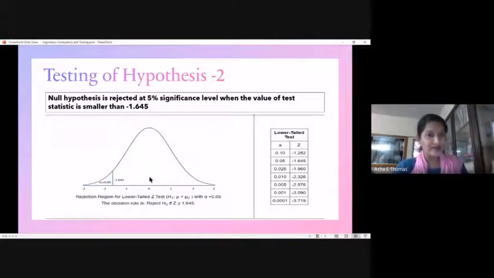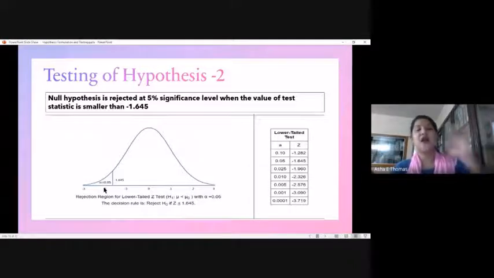We are showing the direction that the null hypothesis is rejected at 5% significance level when the value of the test statistic is smaller than negative 1.645. There is a possibility that we will commit a type 1 error at 5% significance level. So there is a chance of rejecting the null hypothesis when it is true to 5%.